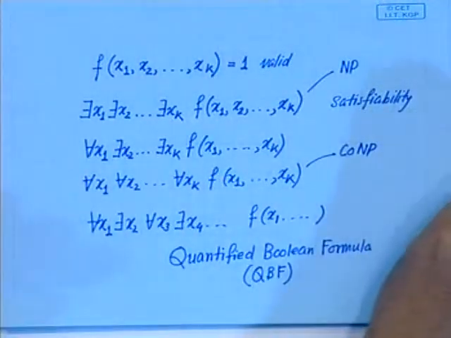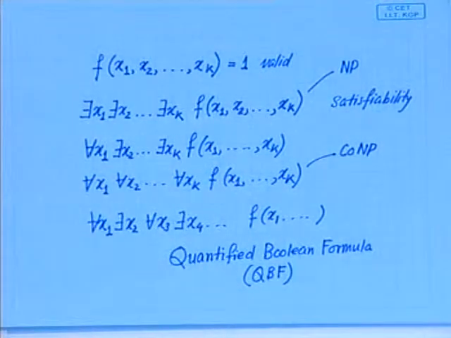Now, why is this quantification useful? Because we want to find out whether the function can be made true under different variable valuations. So, can I treat a variable as a don't care? If it is don't care, then the function value does not depend on it regardless of whether it is 1 or 0, right.